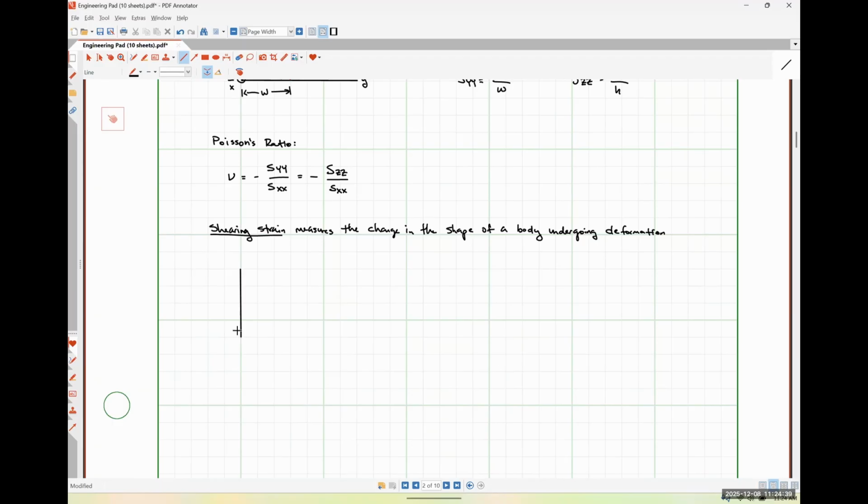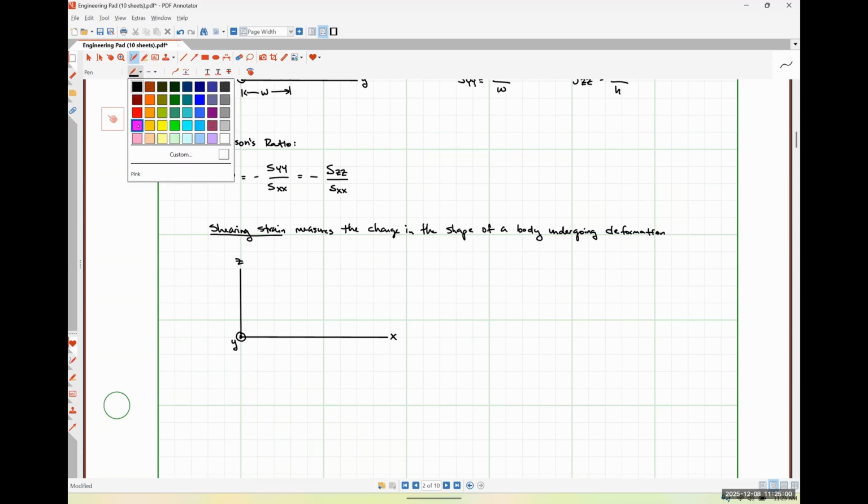So establishing my coordinate system again. Here's my Z direction, my X direction, Y will be directed out of the page. Here's what I'm starting with.